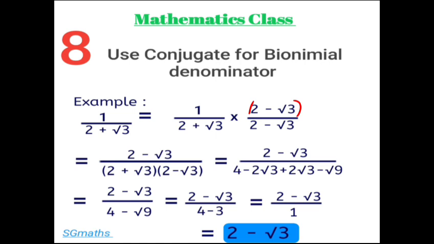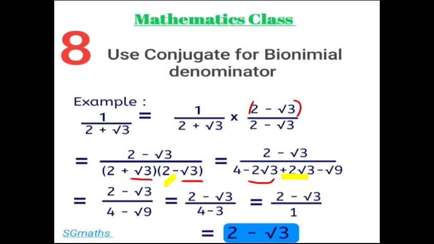Now 2 is going to multiply 2, that is 2 times 2 will give us 4, and 2 multiplied by minus root 3 will give us what? Minus 2 root 3. Then you come to this plus root 3 multiplying 2 will give us plus 2 root 3, because there's plus here and there's plus here.